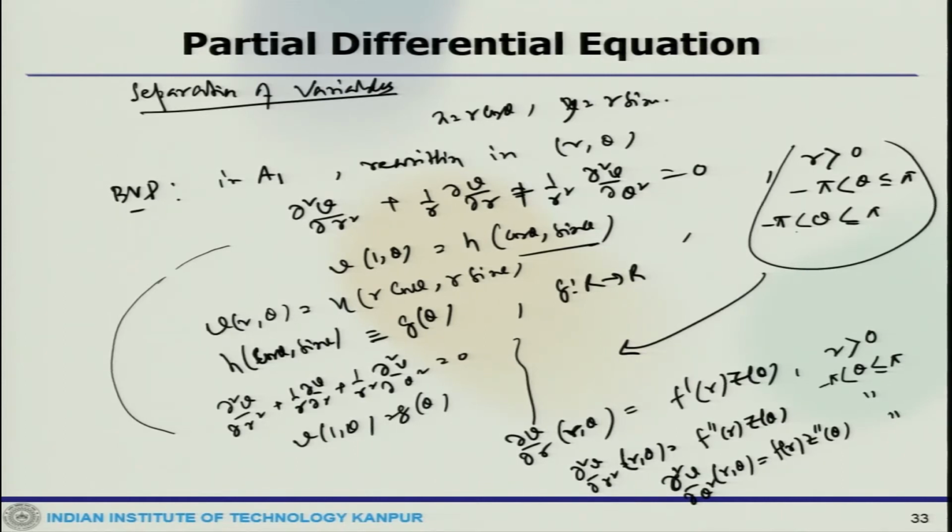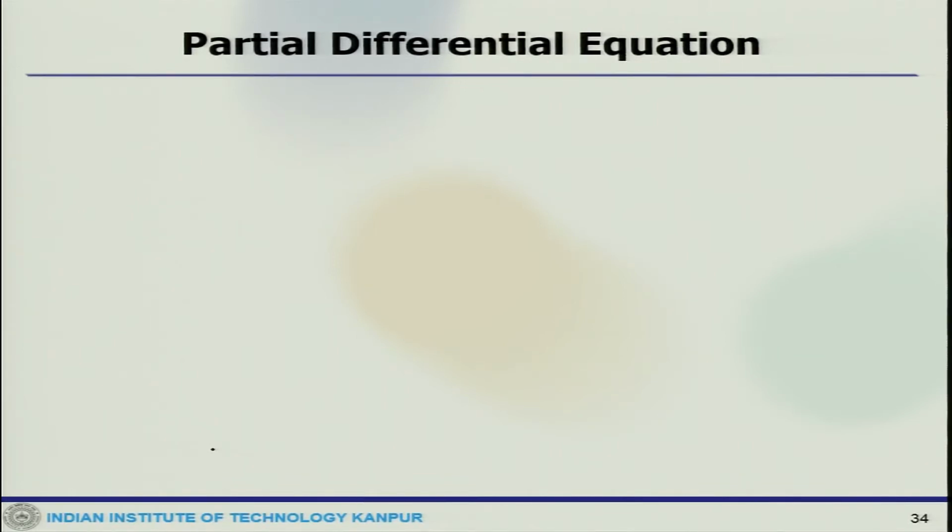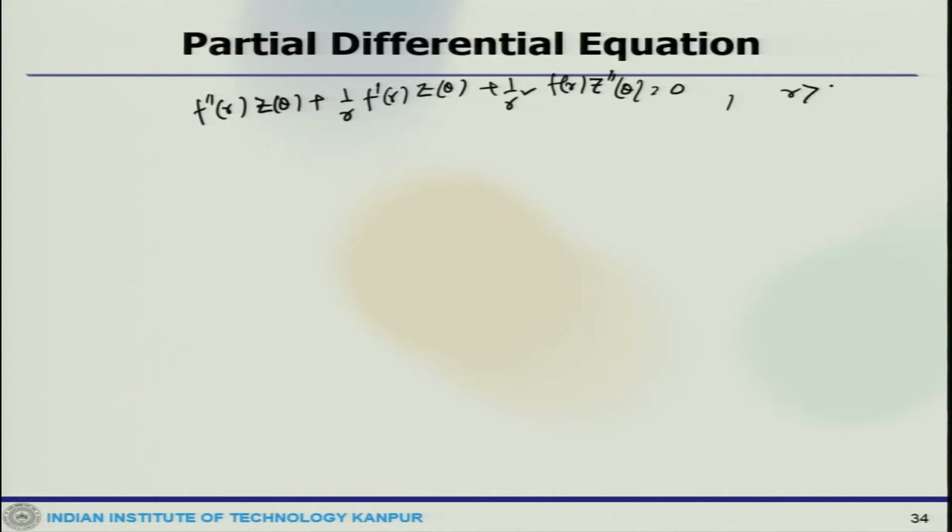Now, once we replace back in this r, theta system, what we get is f double prime(r) z(theta) plus 1 by r f prime(r) z(theta) plus 1 by r square f(r) z double prime(theta) is 0, where r is greater than 0 and theta is between minus pi and pi.